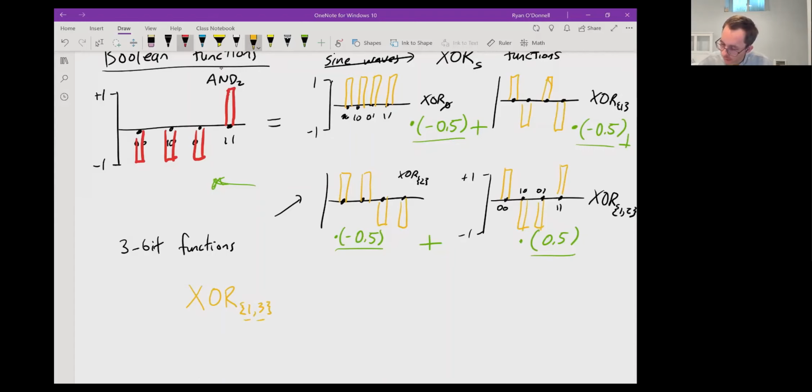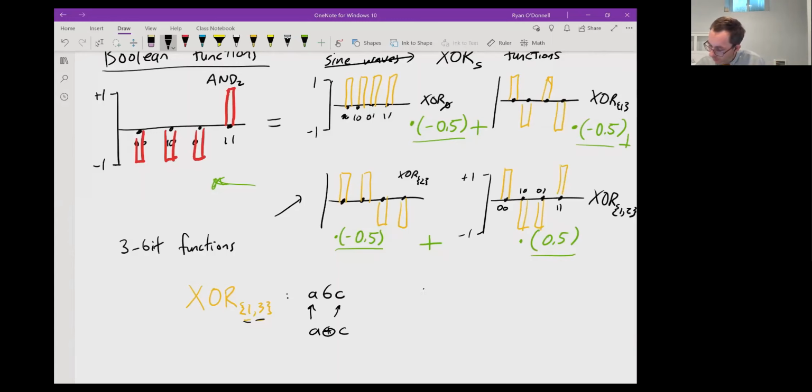This is the function that takes in 3 bits, like A, B, C, and because of 1 and 3 here, it just XORs together bit number 1 and bit number 3. It adds them up mod 2, or checks if there's an even number of ones within this set A and C.